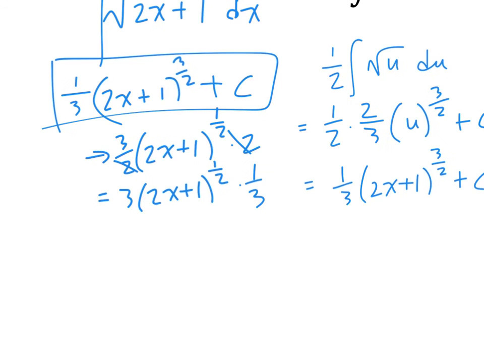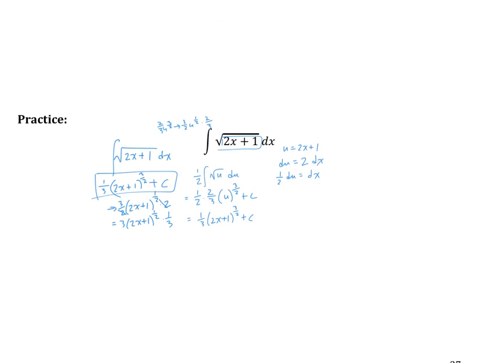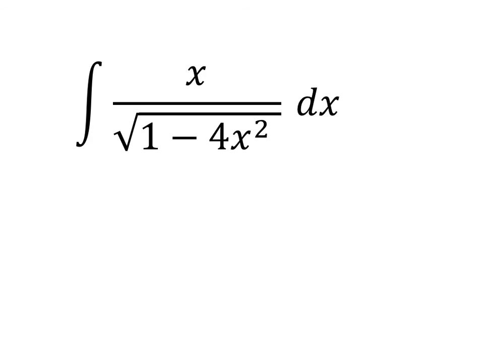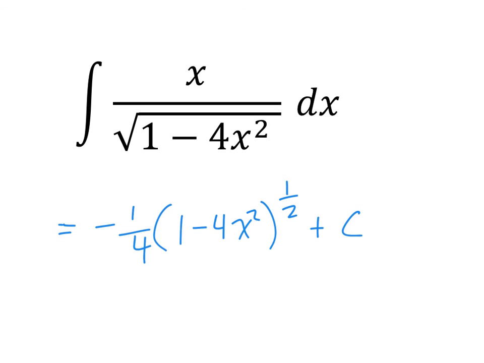All right, let's do a few more examples. This one. Okay, the answer is -1/4 times (1 minus 4x squared) to the 1/2 plus c. All right, let's try a few more.